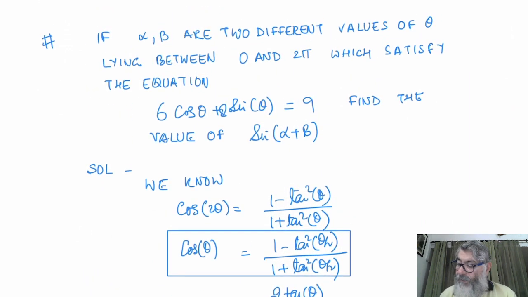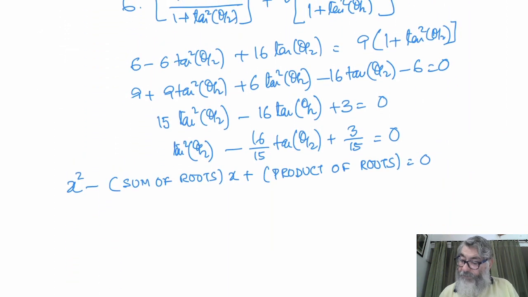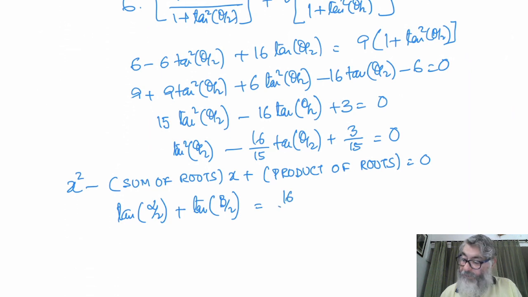So let's see, tan alpha by 2 plus tan beta by 2, the sum of roots, is equal to 16 upon 15, and tan alpha by 2 into tan beta by 2, the product, is equal to 3 upon 15.